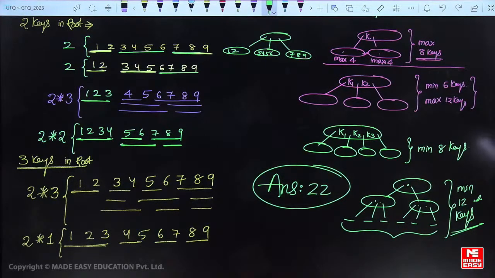Yeah, I have to check every possibility, obviously. Total number of trees, na? Right?